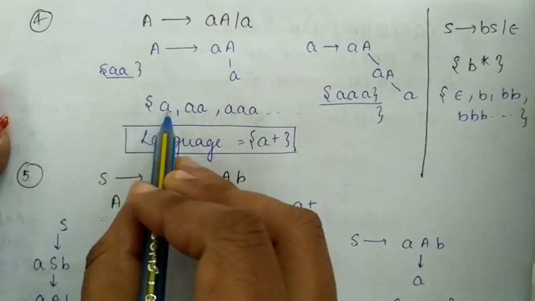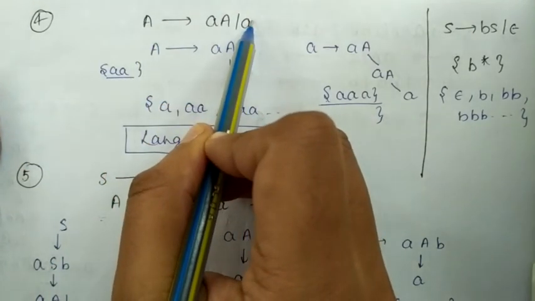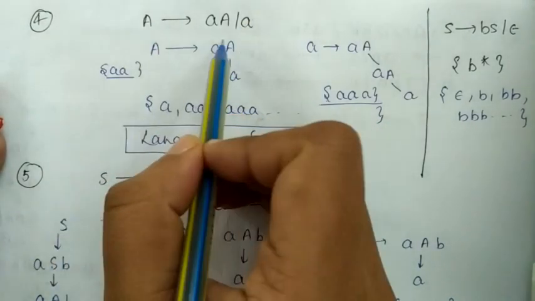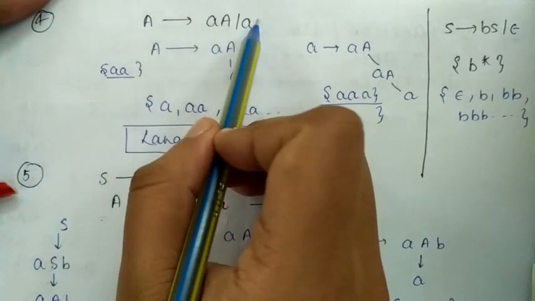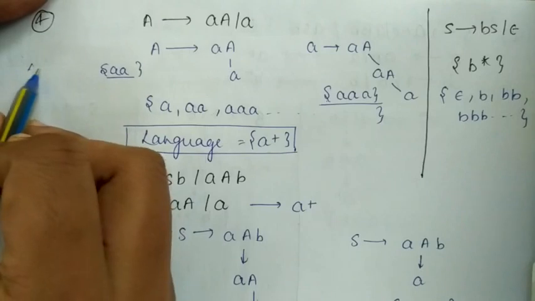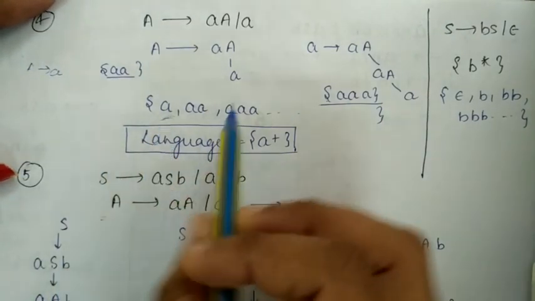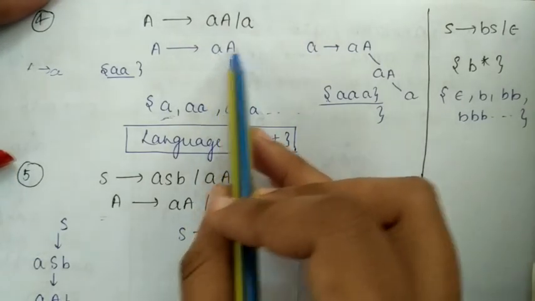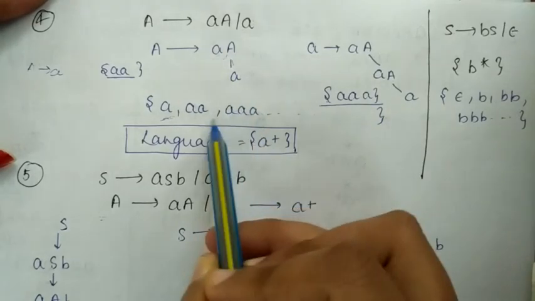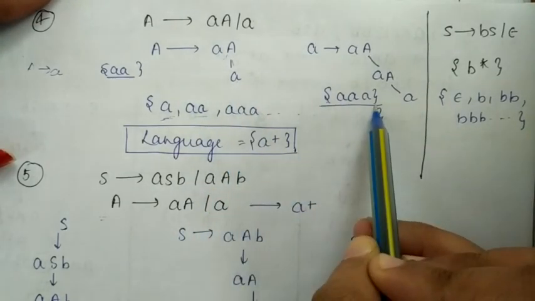For the minimum string, we always replace this symbol by this terminal. So when we replace A by a, the minimum string will be a. Now if we replace this A by itself and then this A by a, it will generate double a, aa. Then it will generate triple a.